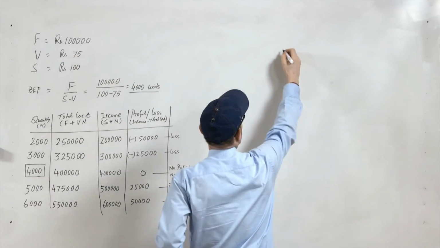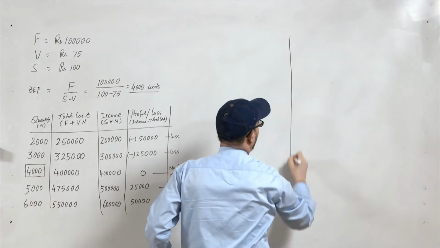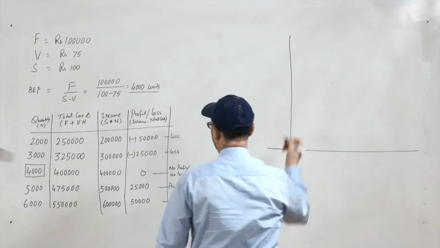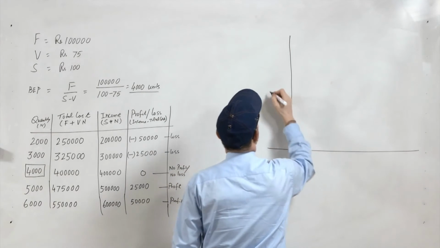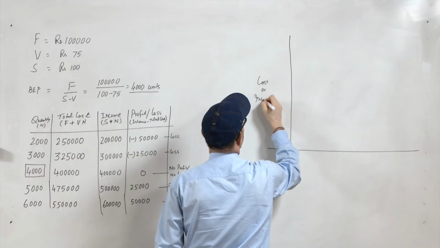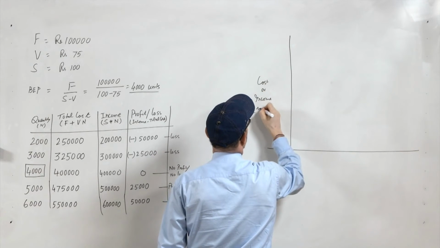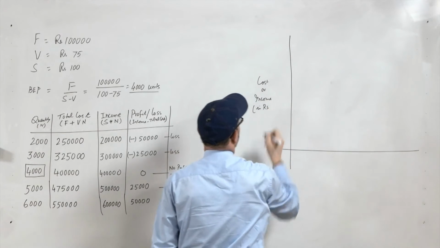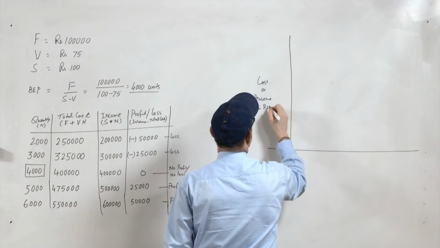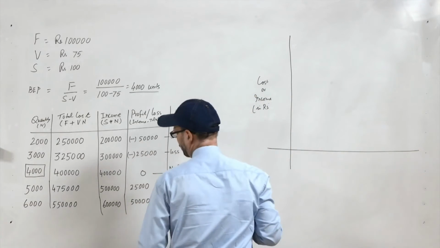So, if we try to plot, this is cost or income in rupees, in lakhs of rupees.